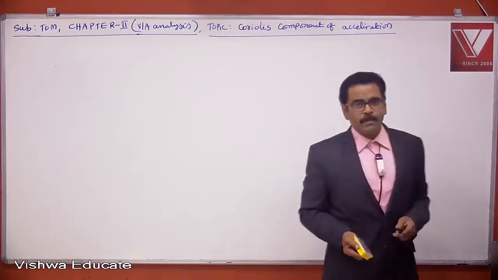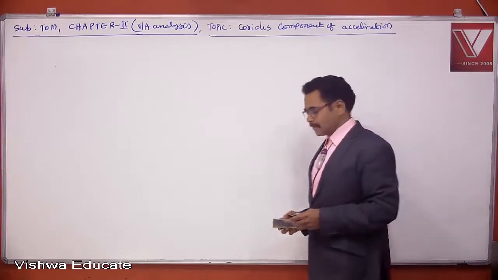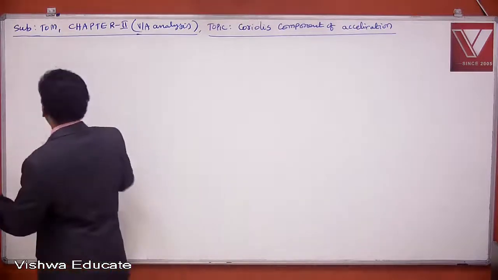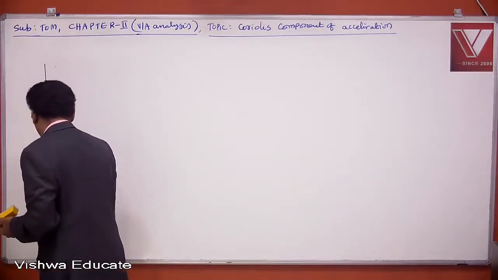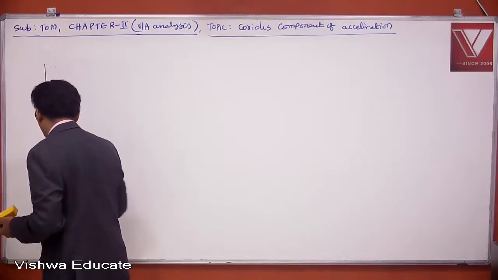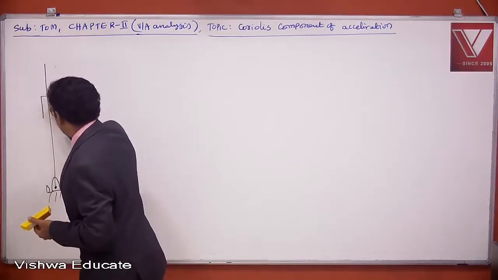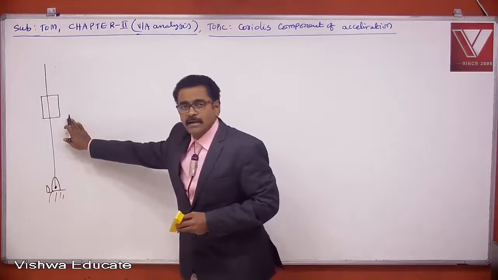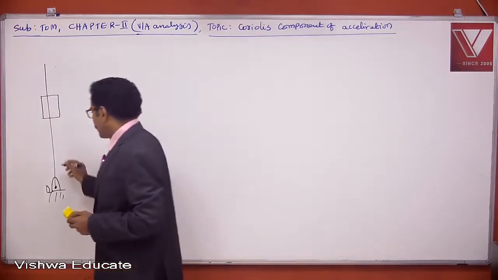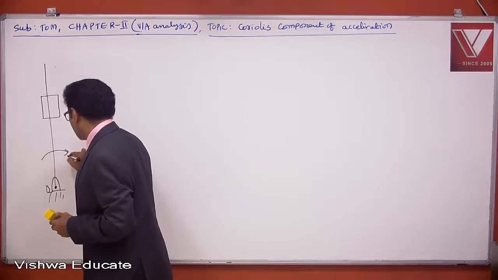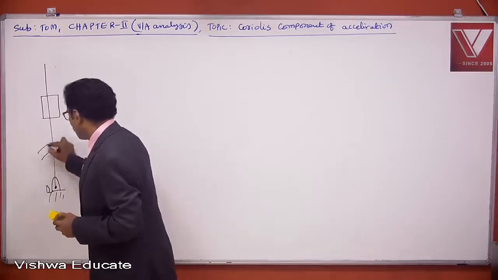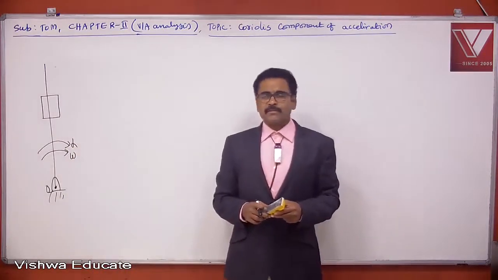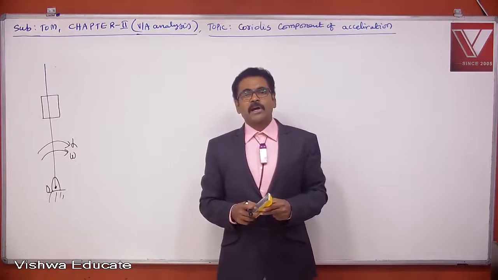So here we are going to derive the formula for Coriolis component of acceleration. Here I am taking a link. This link is pivoted at O, and on this link a slider or collar is there. Currently this link is rotating with an angular velocity of omega and angular acceleration of alpha.